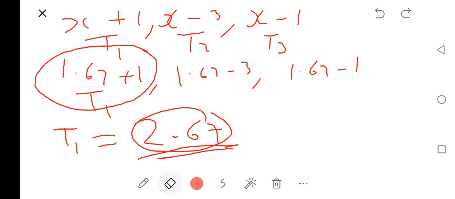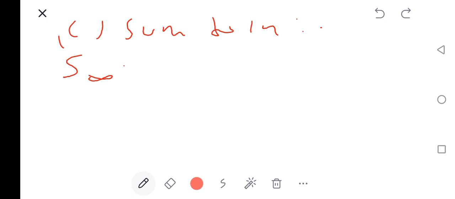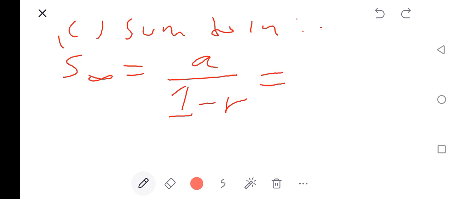Then the last question said, find the sum to infinity. Question C is saying sum to infinity. Remember from the videos, we said for you to use sum to infinity, you use this formula where it's saying a over 1 minus r. A means the first term, which you found to be 2.67.